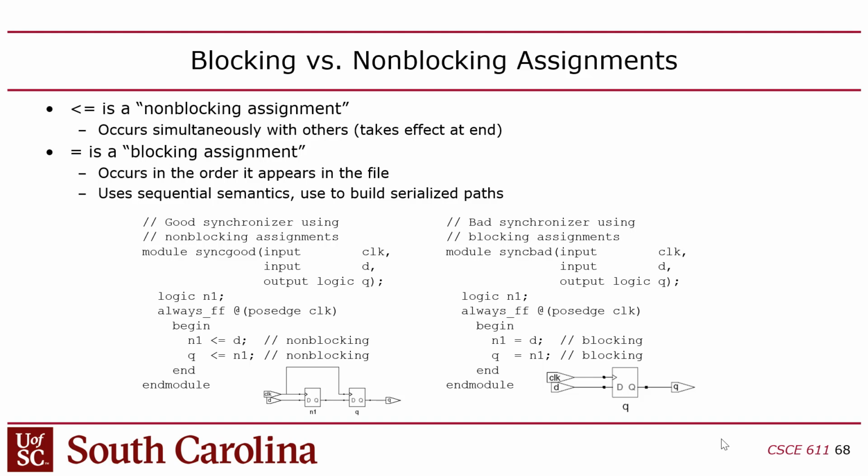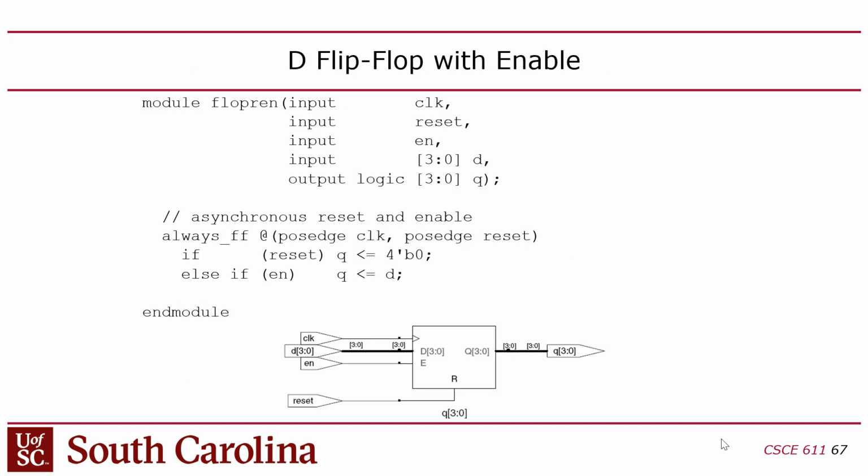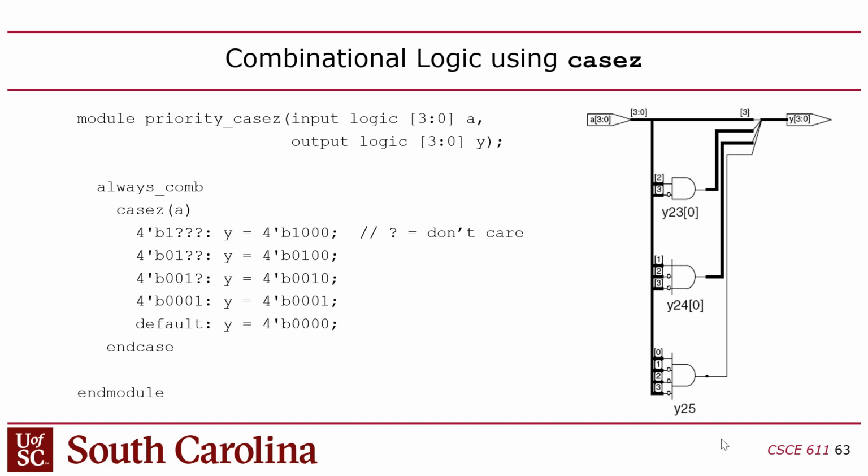If there's no clock involved, then you're trying to make just a fancy assign statement, essentially a more complex assign. For example, this one is just making combinational logic, however, it uses a case statement. It's complicated combinational logic, so I want to use the case statement.